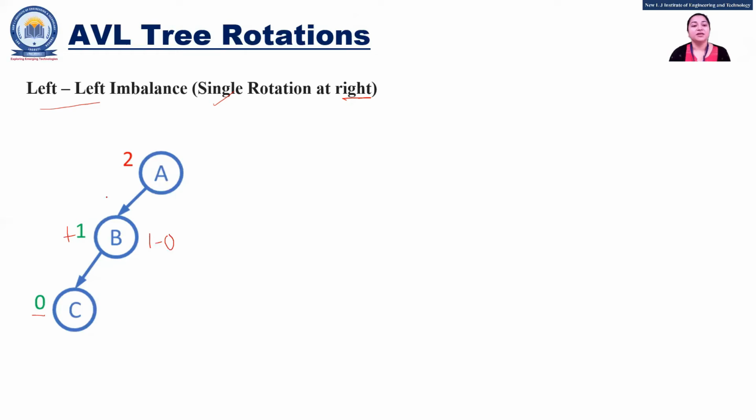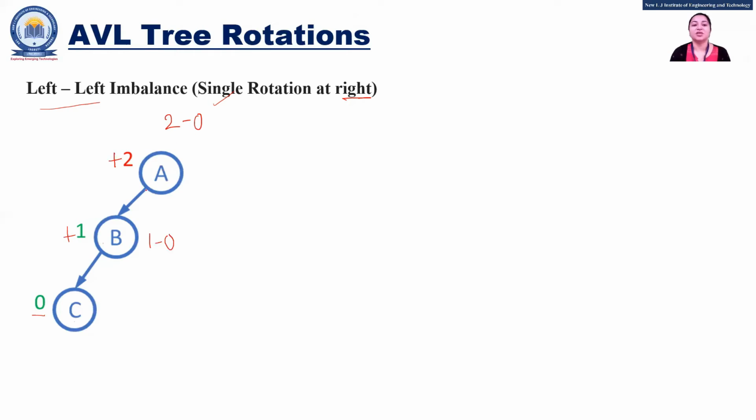Okay. Then let us calculate balance factor of node A. So height of left subtree is what? 1 and 2. So left subtree's height is 2 and there is no node in right subtree of A. That's why height of right subtree is 0. That's why 2 minus 0 will be positive 2.